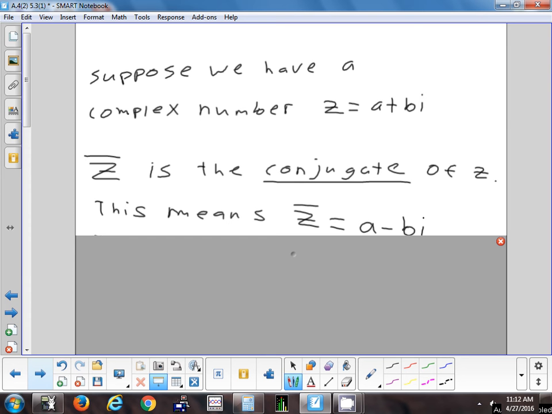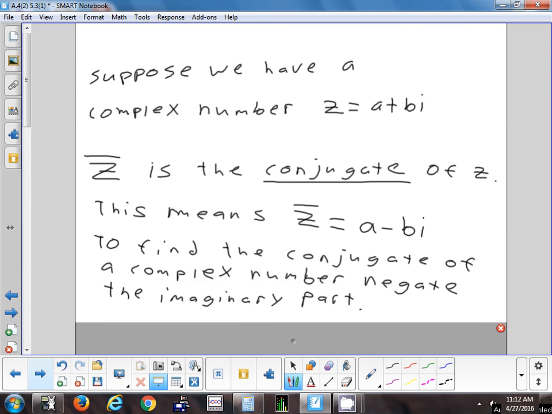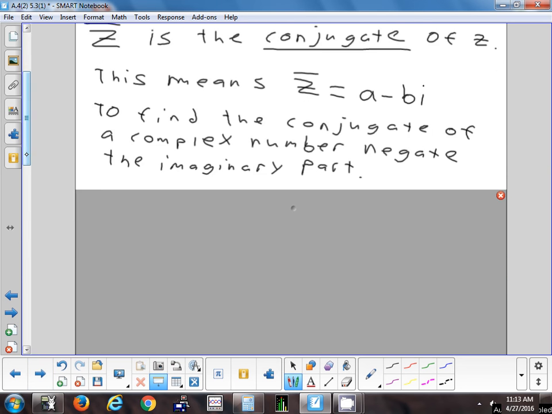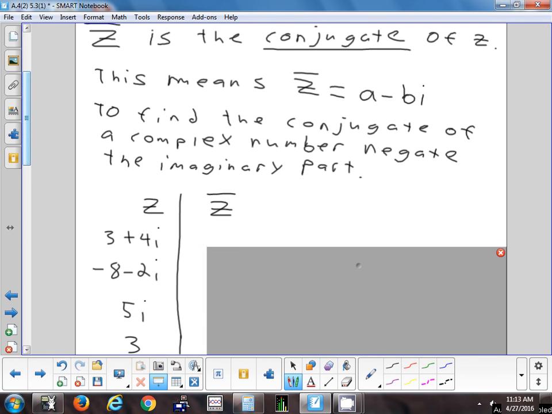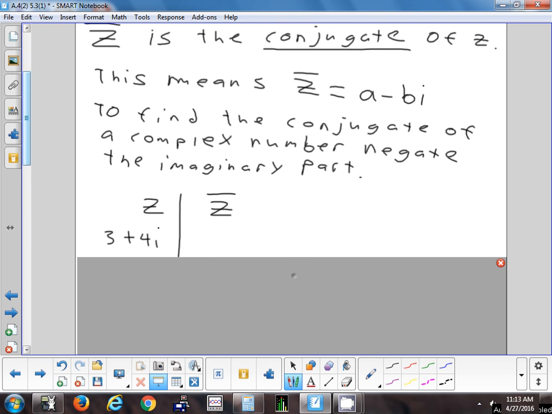If it's a minus, it would become a plus. Okay, so to find the conjugate of a complex number, all you do is negate. That's a short way of saying change the sign of the imaginary part. Don't do anything to the real part. Just change the sign of the imaginary part. Okay, and we'll practice with some complex numbers and finding their conjugates.